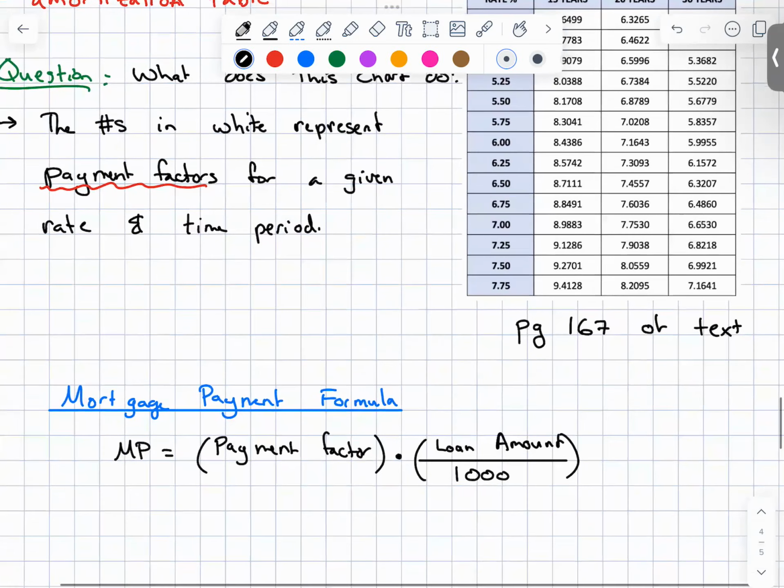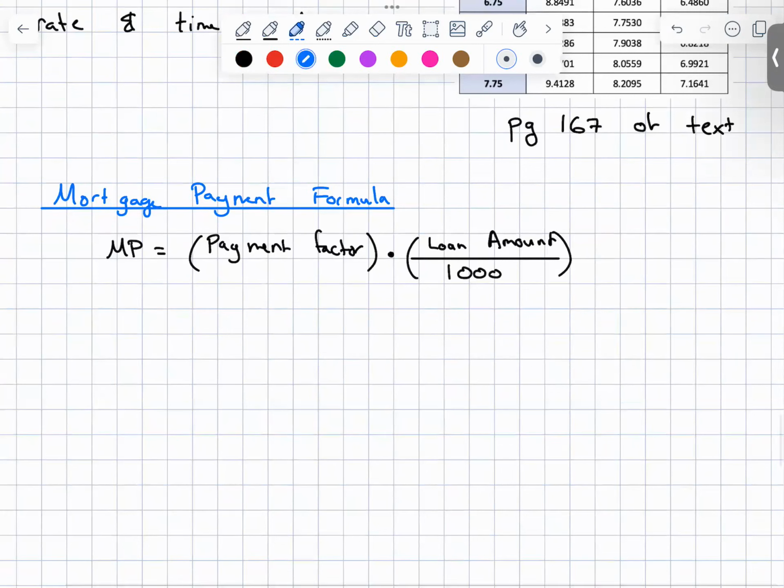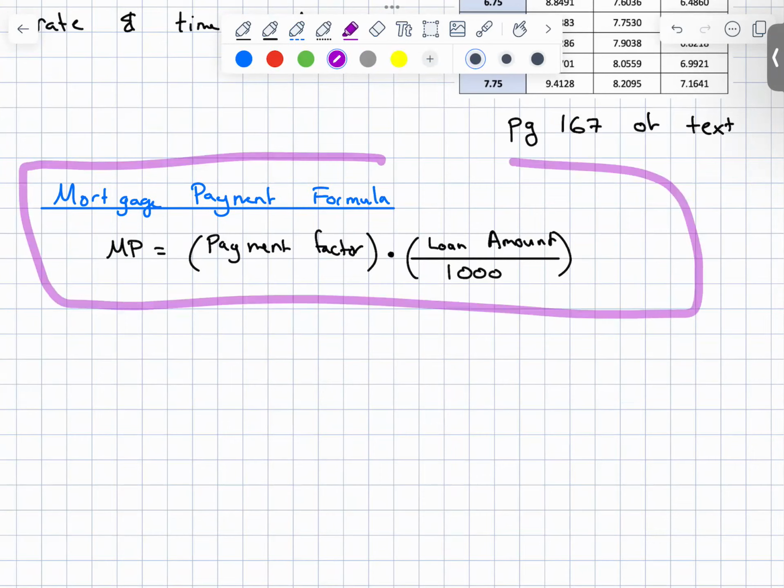I'm going to be bringing this along with us for the problems that we deal with. And I will provide this formula, by the way. It will be right next to the chart, so you know that it corresponds to this. Just know that the white numbers are the payment factors.